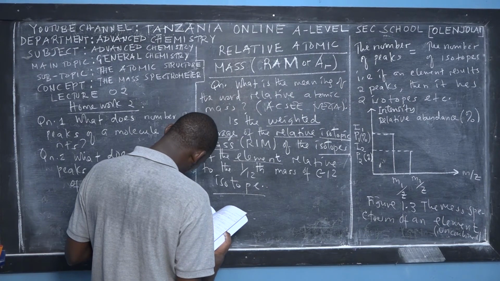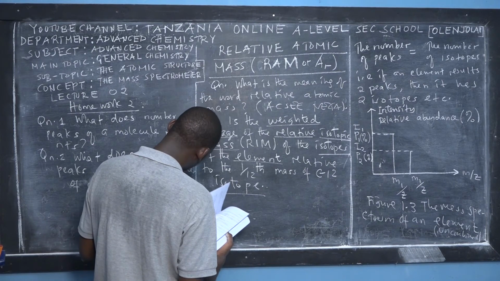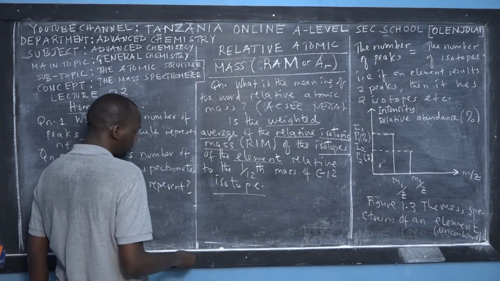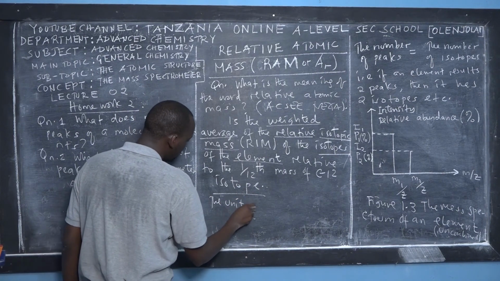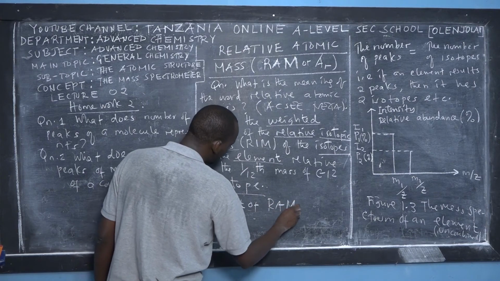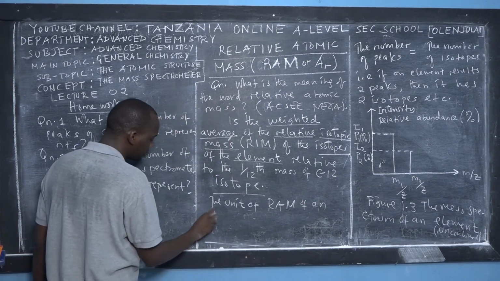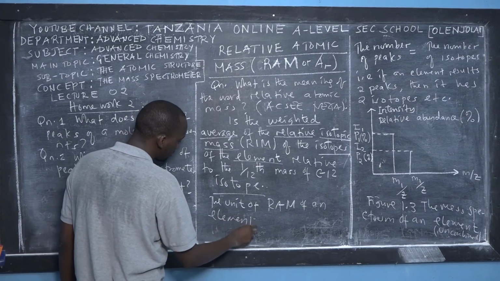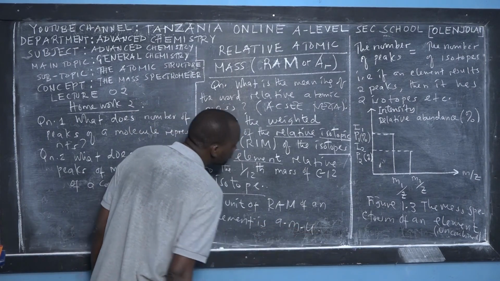The unit of relative atomic mass of an element is the atomic mass unit.